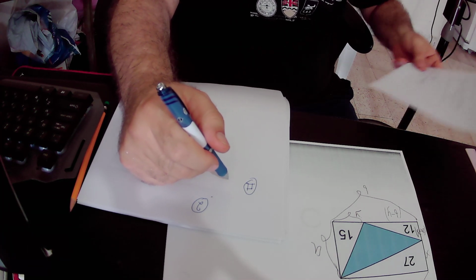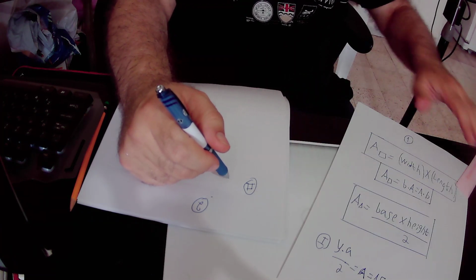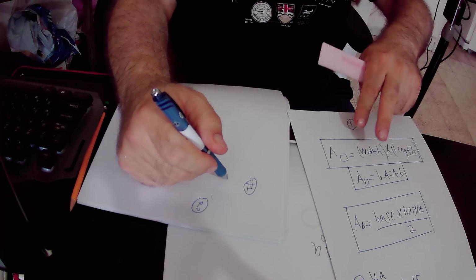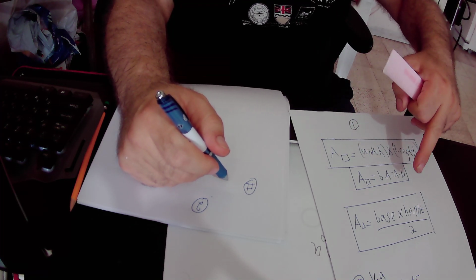According to our general formula, the area of any triangle is equal to its base times its height divided by 2.